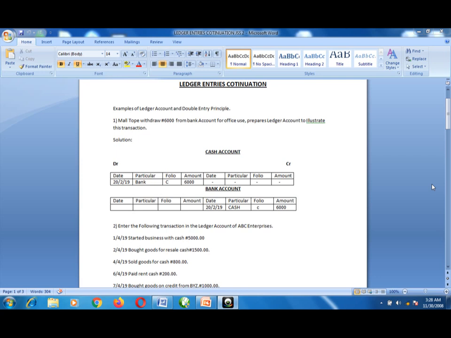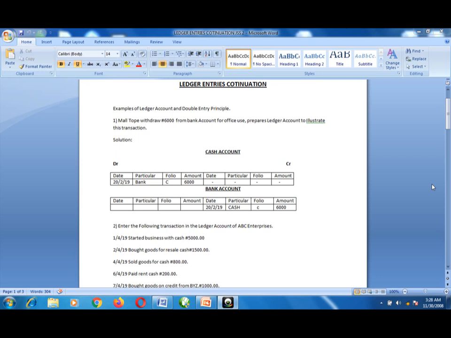For example, this Madam Tope drew money from bank account, 6,000 naira, to start the business. That money we call capital. In your previous class, when you were asked to define capital, it is the money we are using to start business.